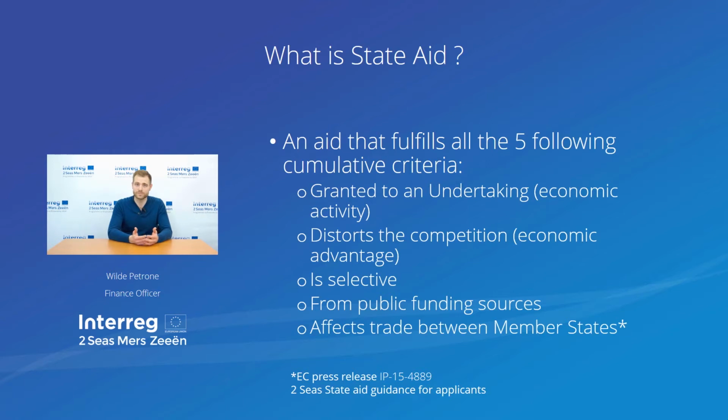If not, we could imagine that it's purely local, and in that way, we say that it doesn't affect trade between member states. So that criterion will not be fulfilled in that case, and then there is no state aid.